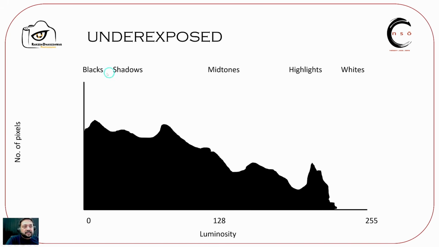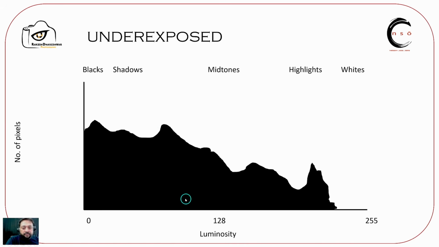It means that this image is underexposed. And there are some runaway pixels which have gone beyond zero to the left. Probably it has gone beyond zero, and that is why it is not captured within the histogram.